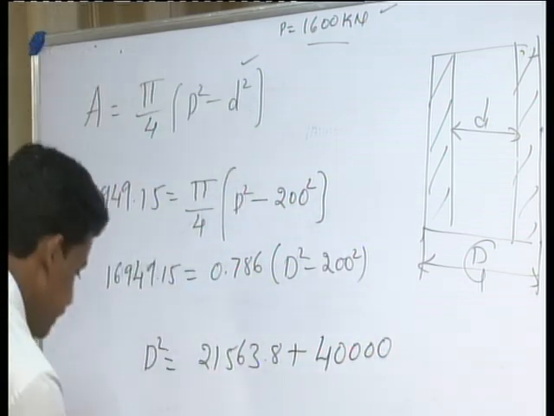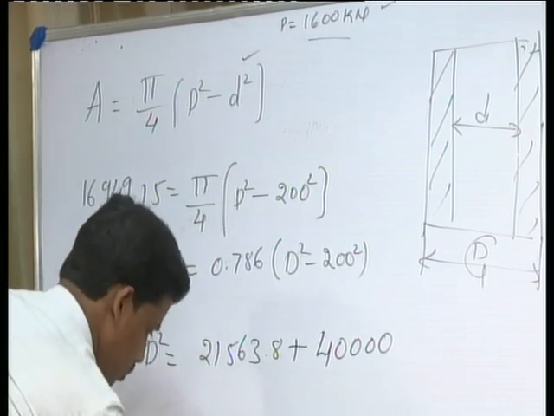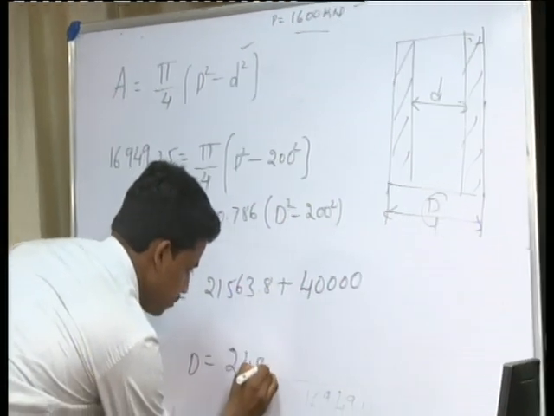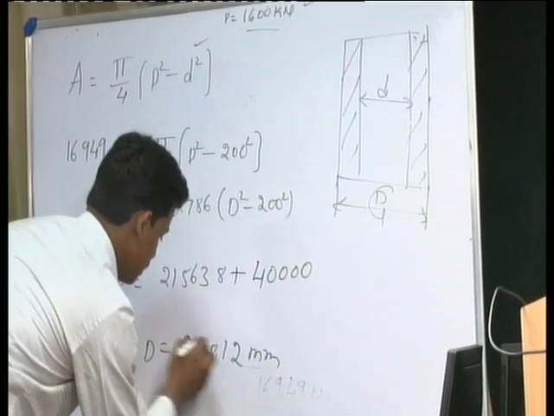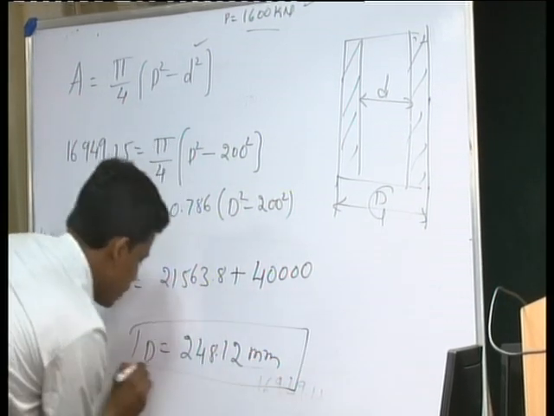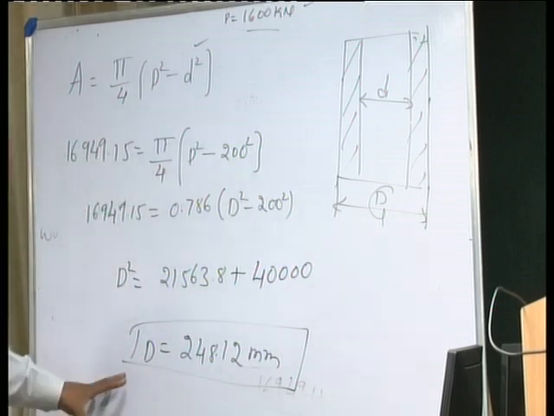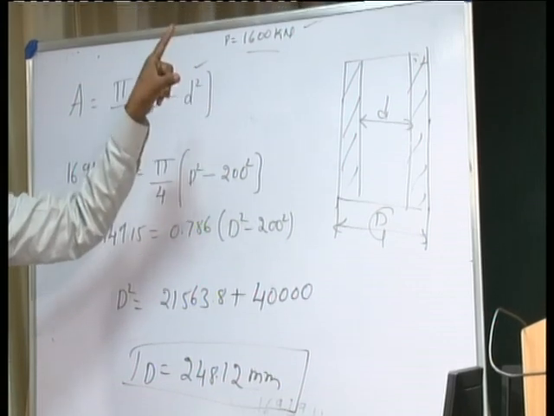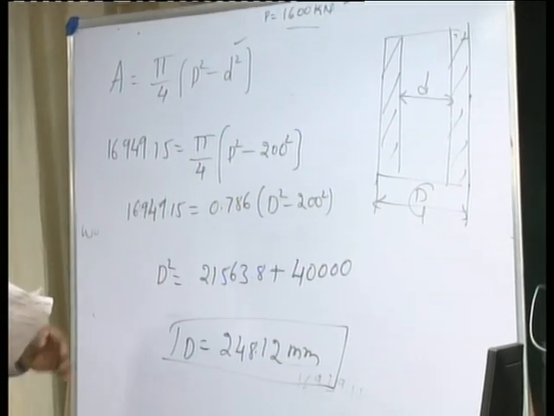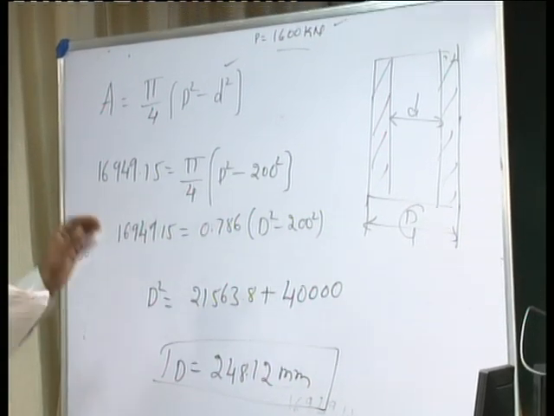So D is equal to 248.18. 248.12 mm is the external diameter required to resist the load of 1600 kilonewton.